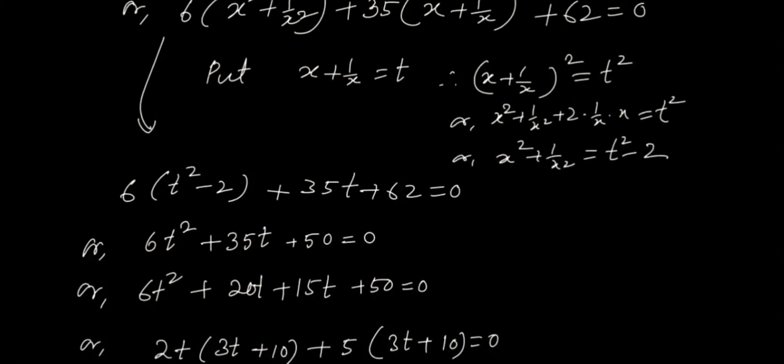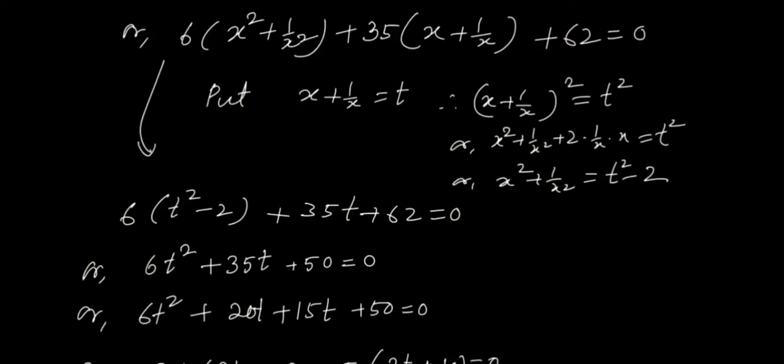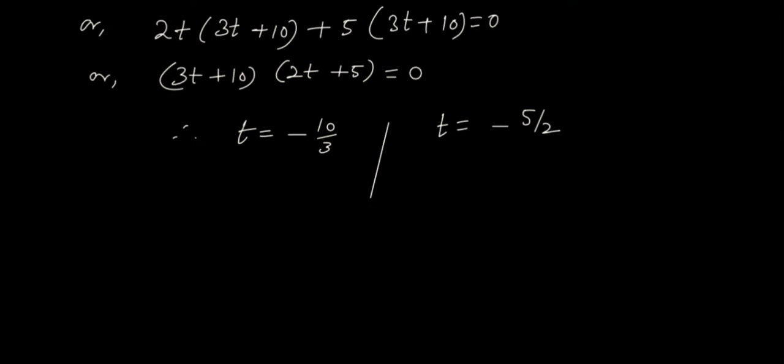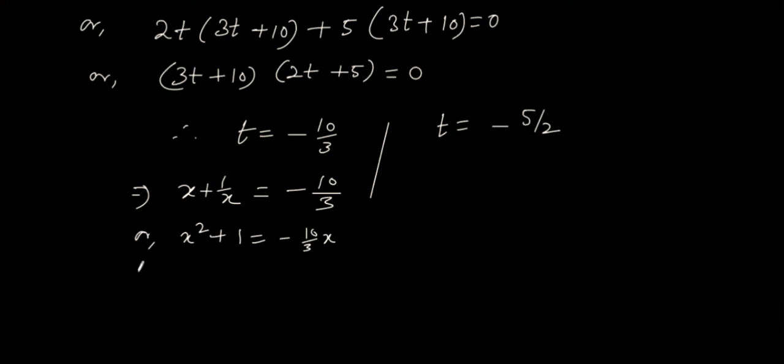But t is x plus 1 by x. So put x plus 1 by x here. So negative 10 by 3, or x square plus 1 equals this, 3x square plus 10x plus 3 equals 0.